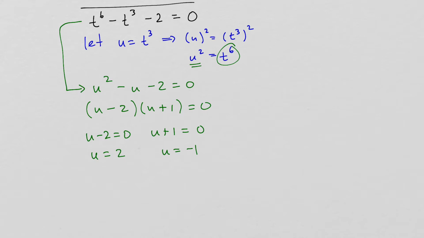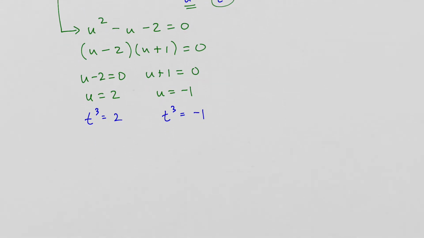But again, we're not solving for u, we're solving for t. So once we get the solutions for u, we have to substitute the original thing back in. So if u is t cubed, I need to put t cubed back in here. So that gives us t cubed is equal to 2, or t cubed is equal to -1.